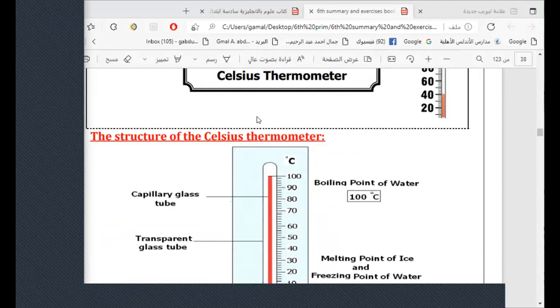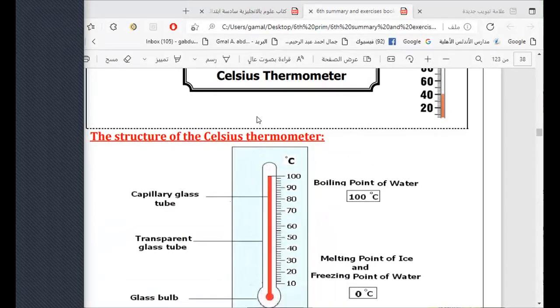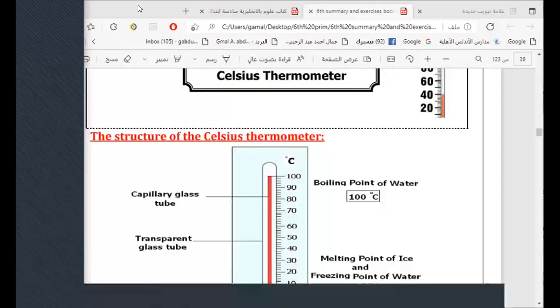But we use the Celsius scale, not the Fahrenheit scale. But you have to know a little bit about it, no problem. As extra information, there are two scales, not one only.